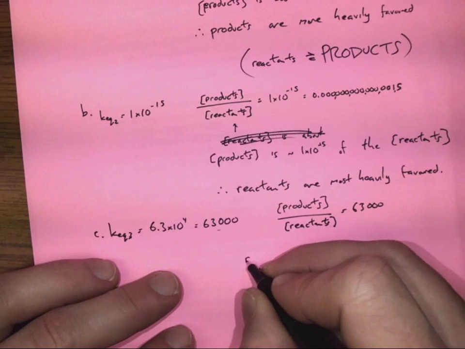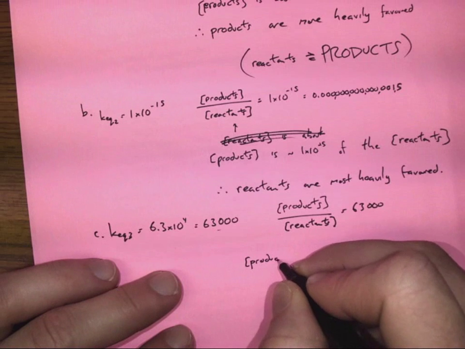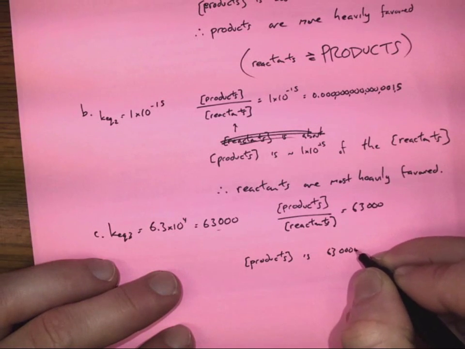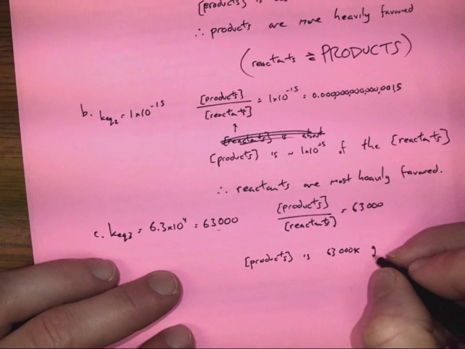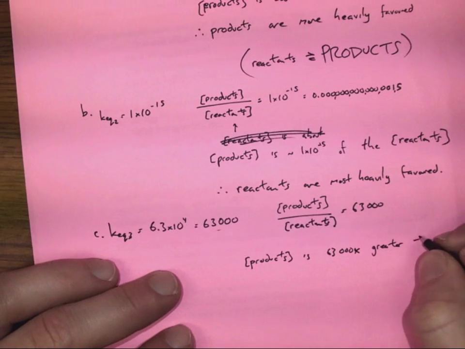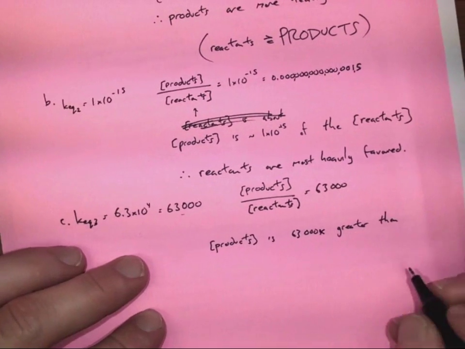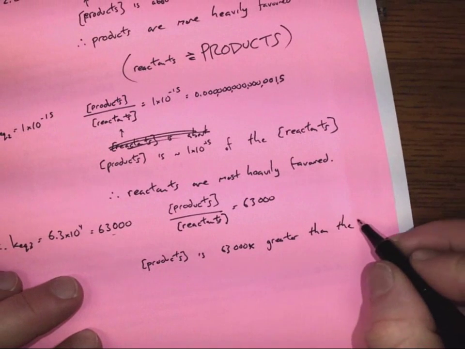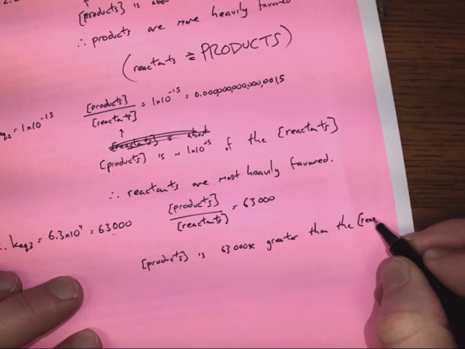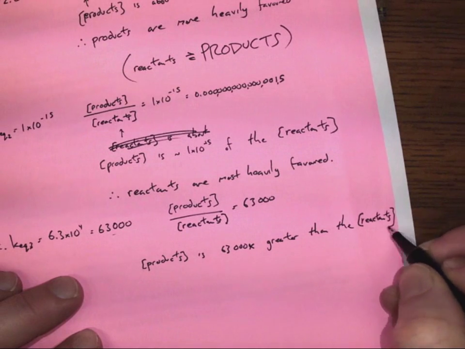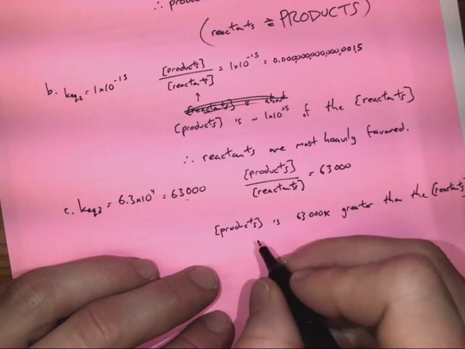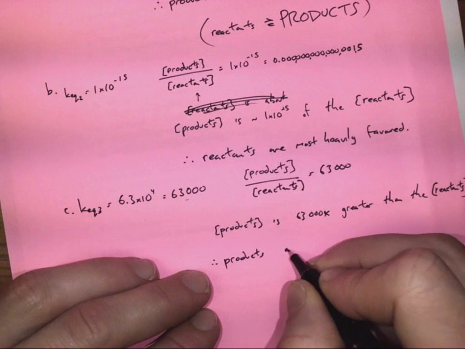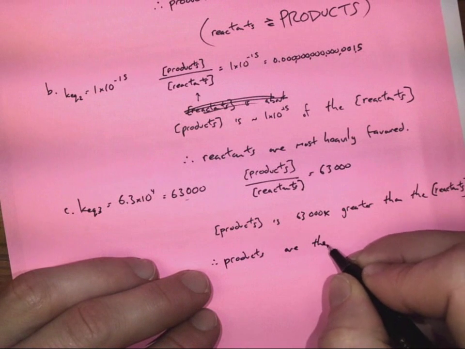And so it says that the concentration of the products is 63,000 times greater than the concentration of the reactants. So, therefore, the products are the most heavily favored.